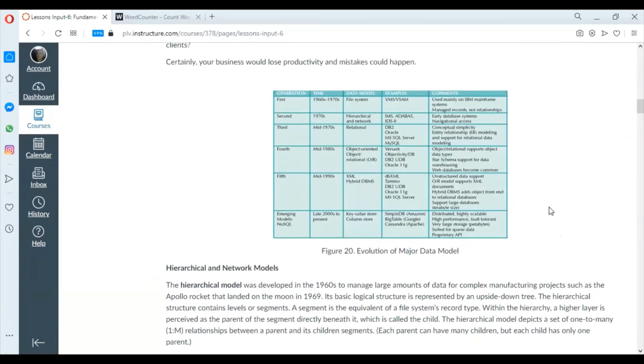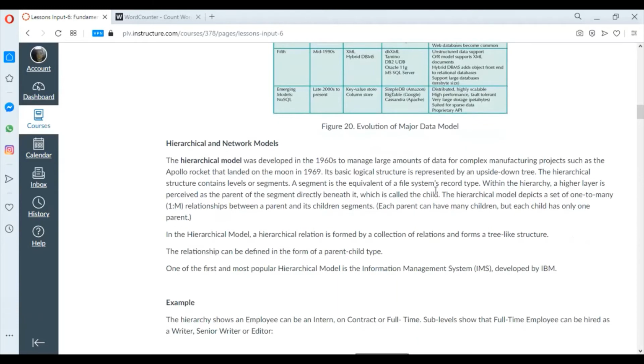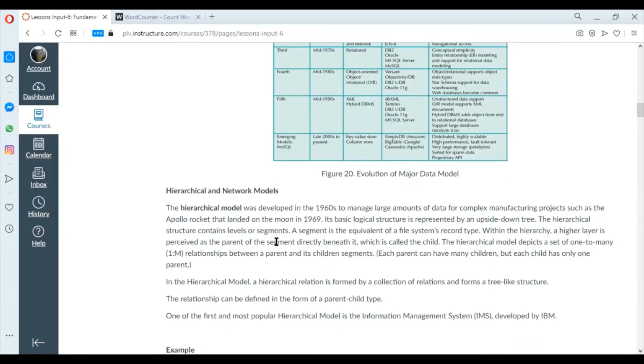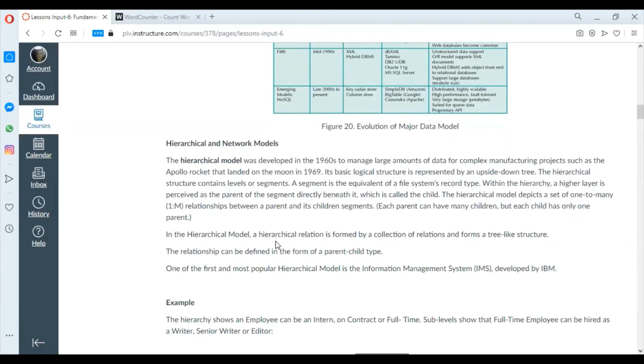Now, among these data models, we have the hierarchical and network models, which appeared during the second generation of our data models.